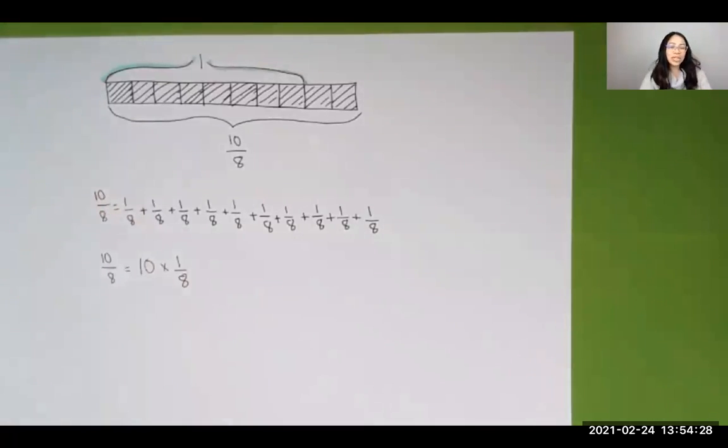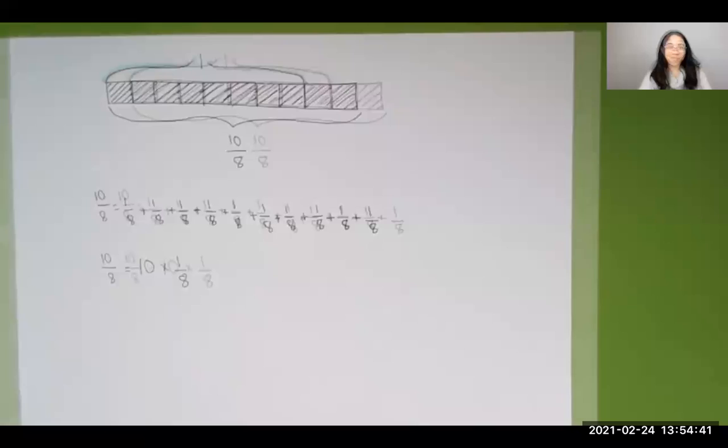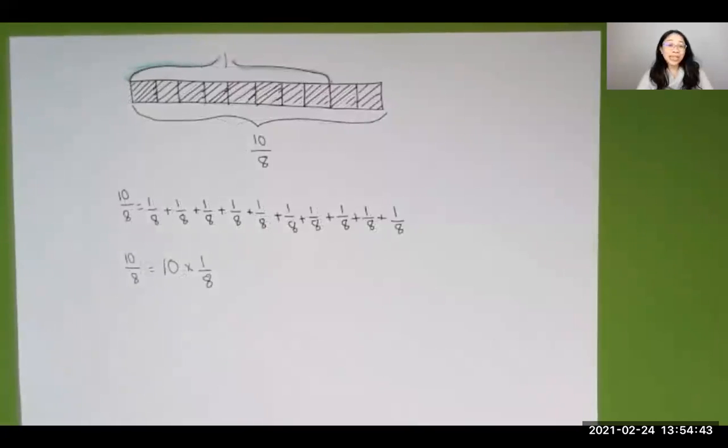What are the advantages of multiplying fractions instead of adding them? We can see it's easier to write. It's much faster. It's much more efficient. We just expressed 10/8 as a repeated addition sentence as well as a multiplication sentence.